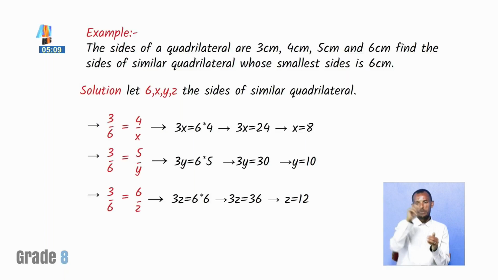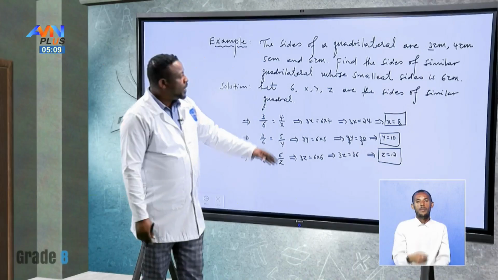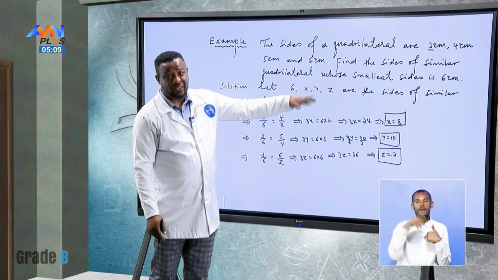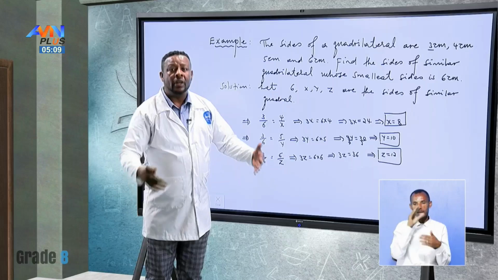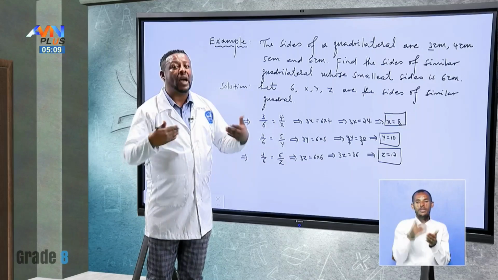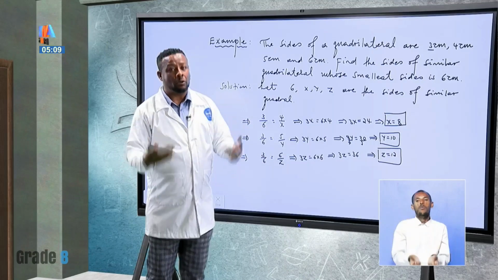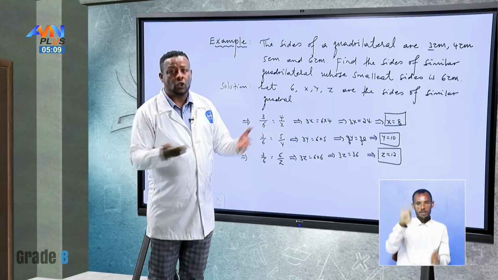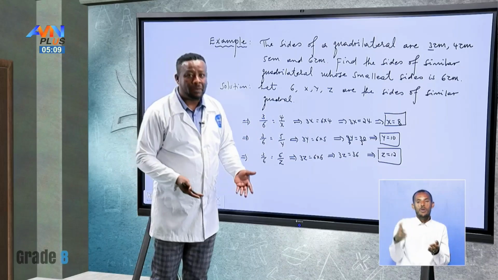Okay, so here we have x, y, z. Therefore, all the sides of the unknown quadrilateral are obtained. So those two quadrilaterals are similar.